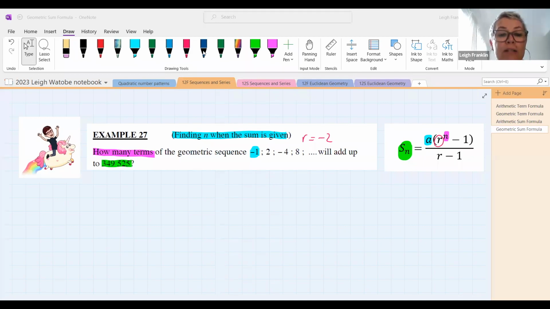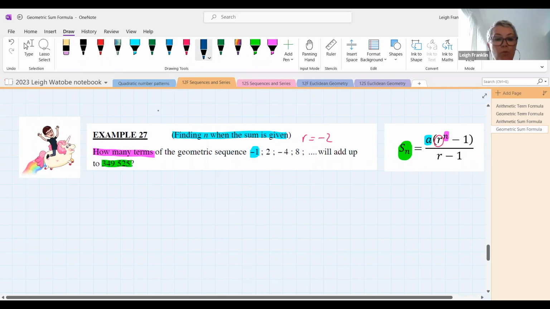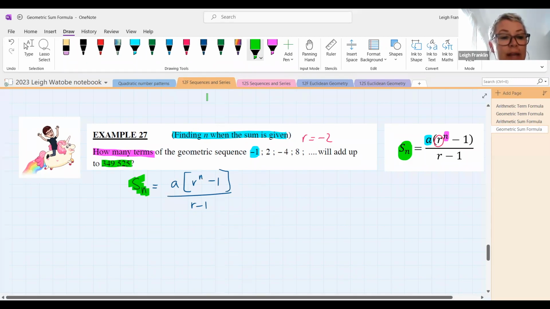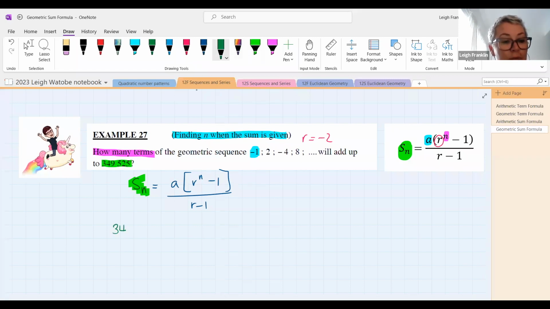Okay. All right. So let's go and sub into our SN formula. So I'll just put the formula here. SN equals A, and here we've got R to the n minus 1 over R minus 1. I don't have to write that first, but I'm just explaining step by step. So we've got our SN. We know that it is 349,525 from the language of the question.